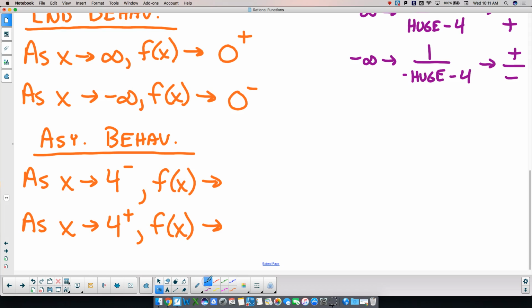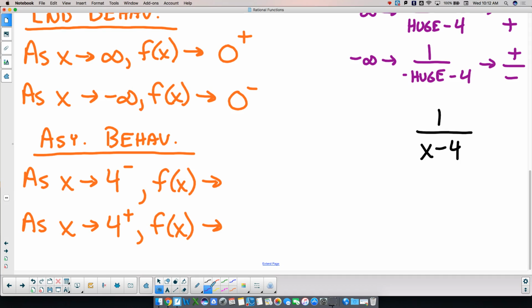Again, my function was 1 over x minus 4. So if I approach from the left, I want a number that's left of 4 on the number line, so smaller than 4, but really, really close.